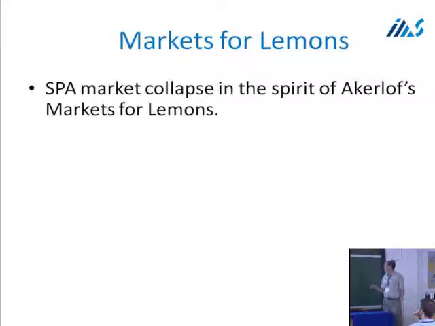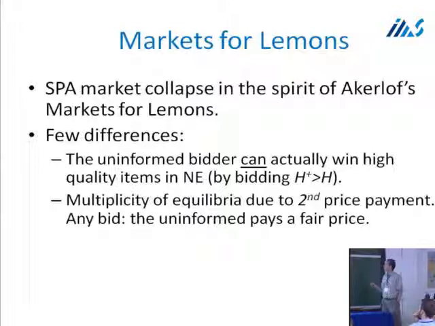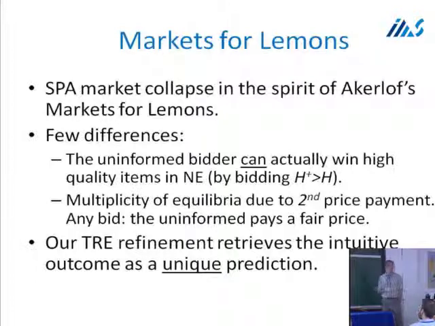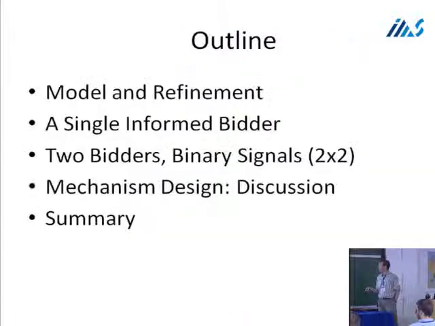I want to point out two differences between these markets and our markets. In our markets, the uninformed bidder can actually win high-value items in a Nash equilibrium, and there is multiplicity of equilibria. So in some sense, the role of our tremble-robust refinement is to retrieve this intuitive outcome, in which when there is this asymmetry of information, there should be a collapse as a unique prediction.